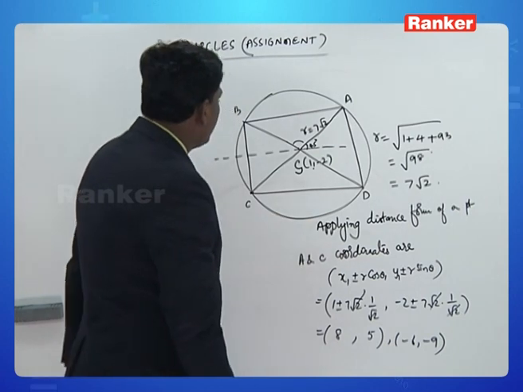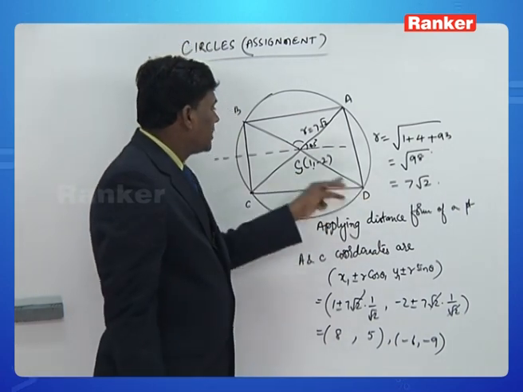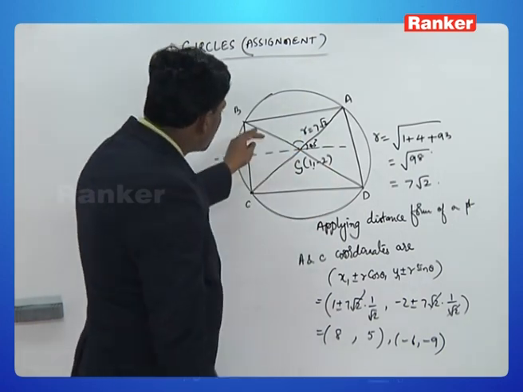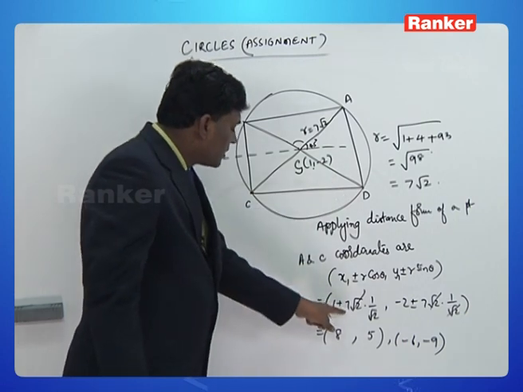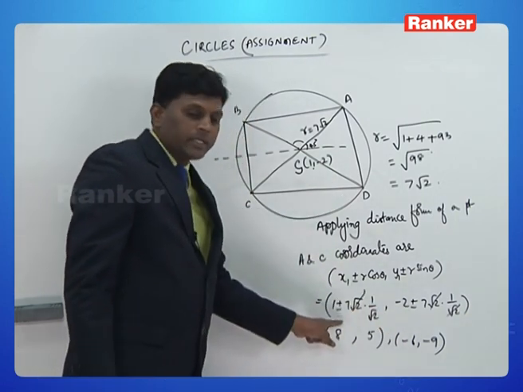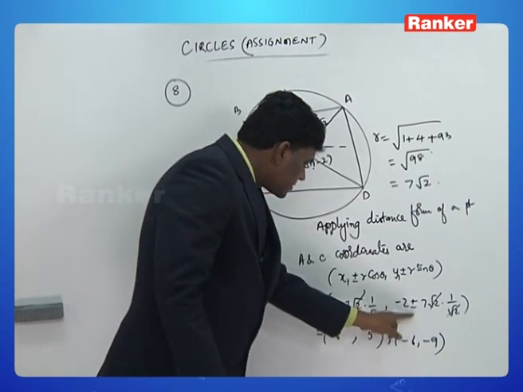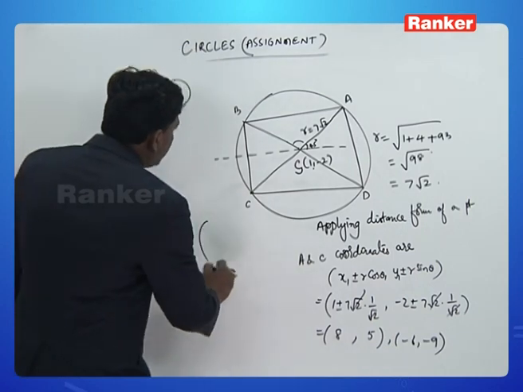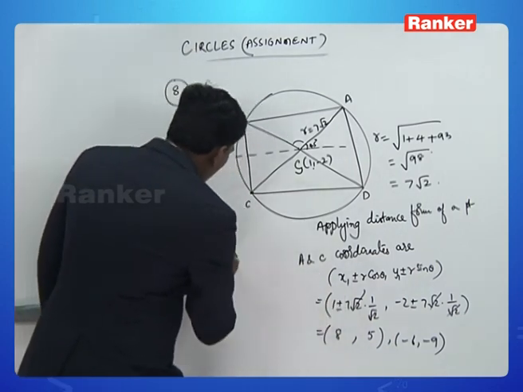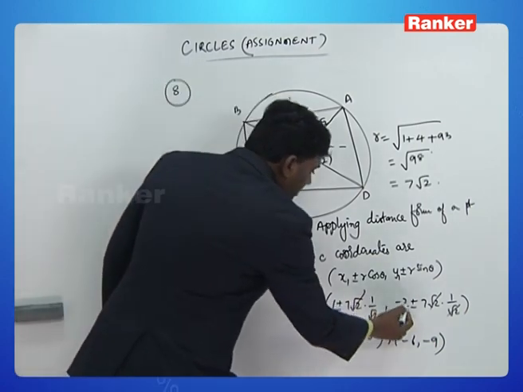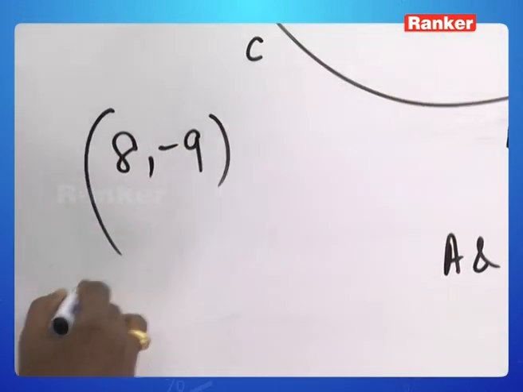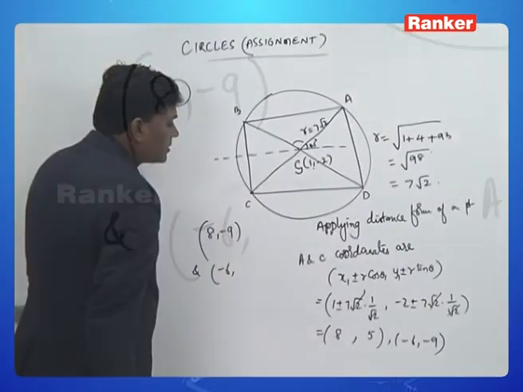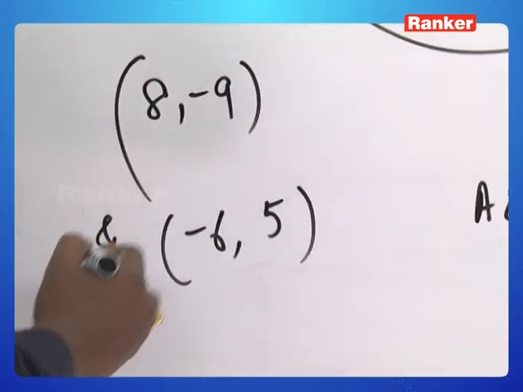In a very similar way, we can get the coordinates of B and D. Here the angle will become 135 degrees, and that is why we can also get these two coordinates by taking the other two combinations in these signs, that is plus minus and minus plus. If you take the other two combinations, B and D can be written as (1 plus 7, 8, -2 minus 7, -9), and (1 minus 7, -6, and -2 plus 7, 5).